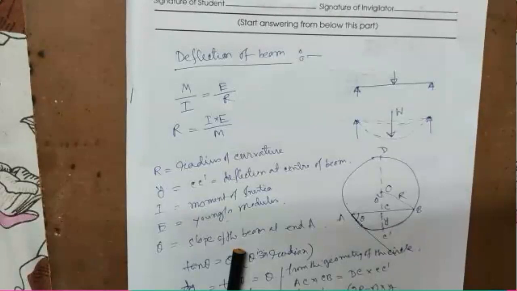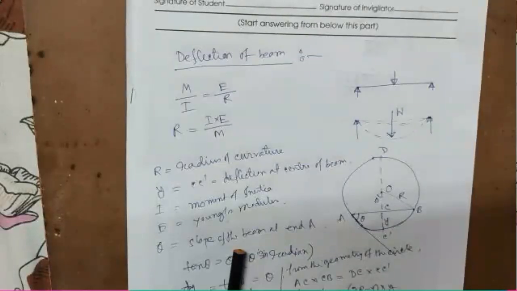Now, in this scenario, when we look at the expression of R, we see that I and E can be assumed constant. The sections are similar throughout the beam, and E is the elastic modulus, which is homogeneous material.